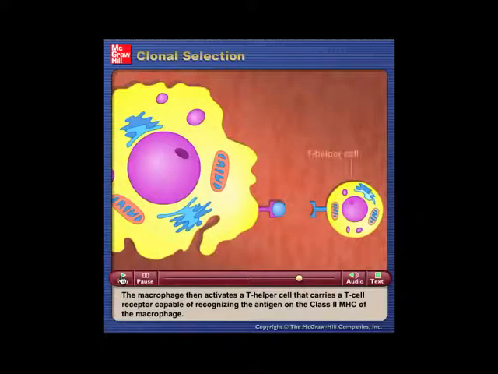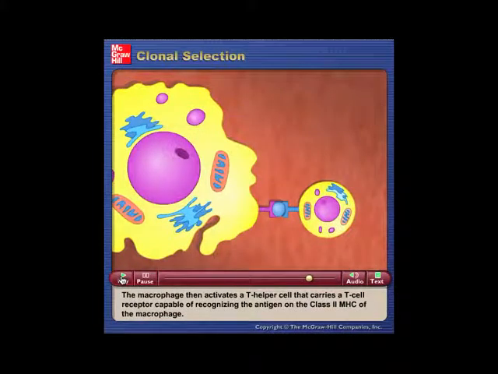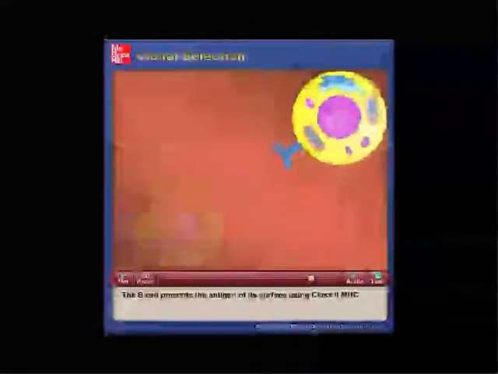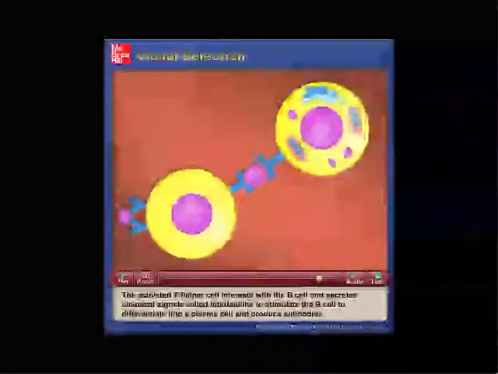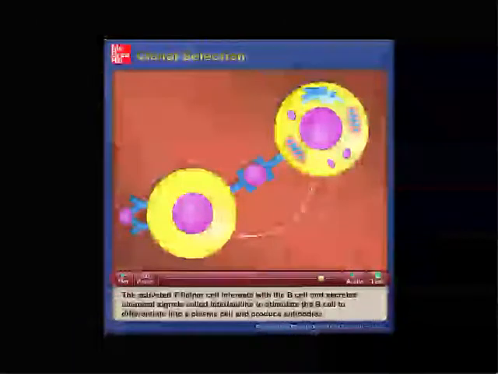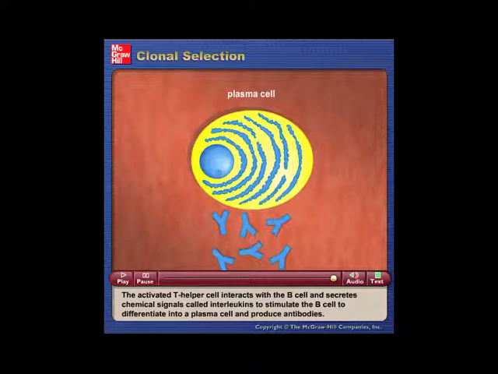The macrophage then activates a T helper cell that carries a T cell receptor capable of recognizing the antigen on the class II MHC of the macrophage. The B cell presents the antigen on its surface using class II MHC. The activated T helper cell interacts with the B cell and secretes chemical signals called interleukins to stimulate the B cell to differentiate into a plasma cell and produce antibodies.